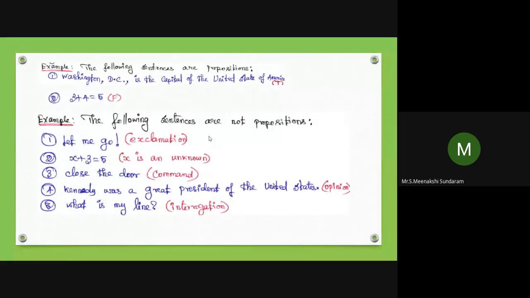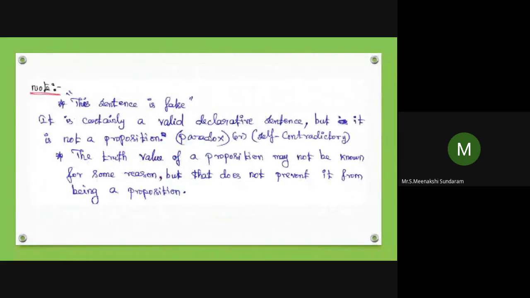So at present, what is a command and what is a statement? For example, take the sentence: this sentence is false. It is certainly a valid declarative sentence, but it is not a proposition. It's a paradox, or self-contradictory. Why? The statement is false. Which statement is false?